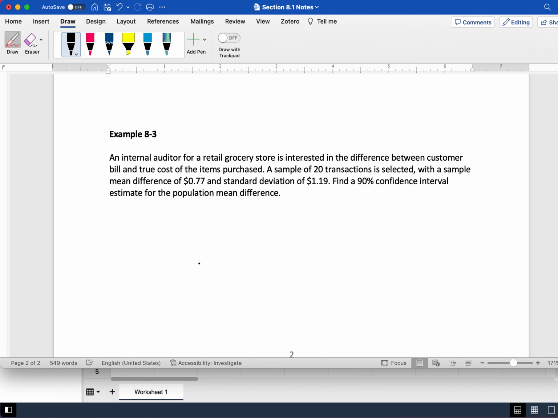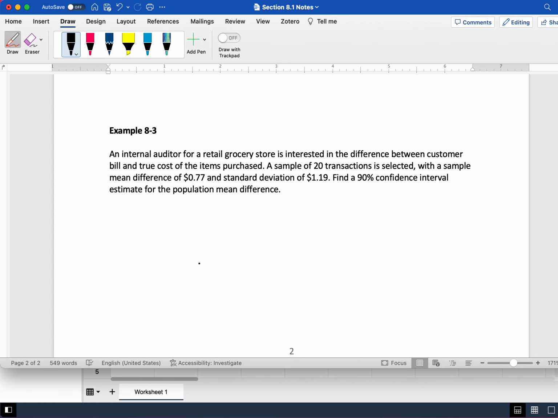Second problem here, we're looking at a grocery store and they're interested in the difference between the customer bill and the true cost. A sample of 20 transactions is selected. That's my sample size. Sample mean is 77 cents, and standard deviation of $1.19. And again, we want to find that 90% confidence interval. Now this one is a little bit tricky because I don't see the word sample or the word population for my standard deviation.